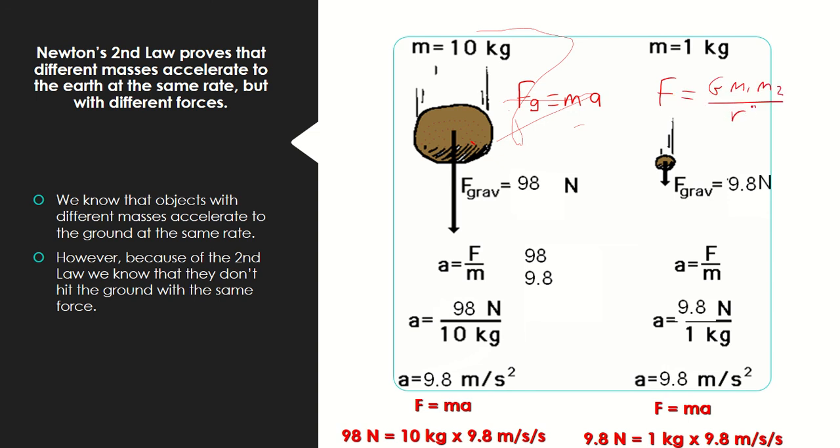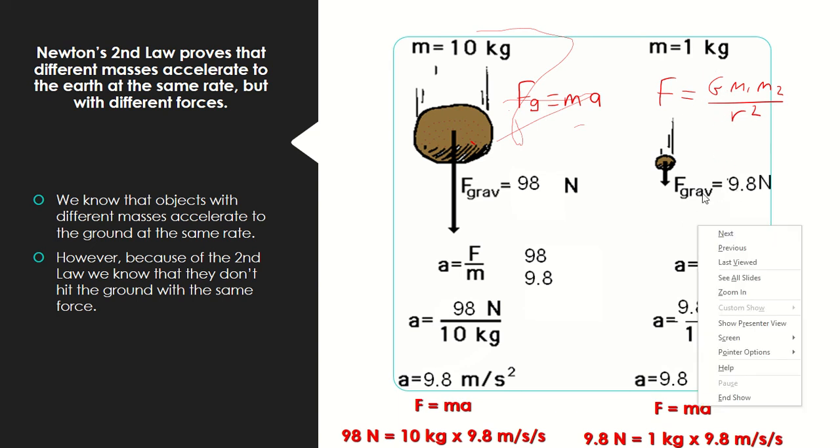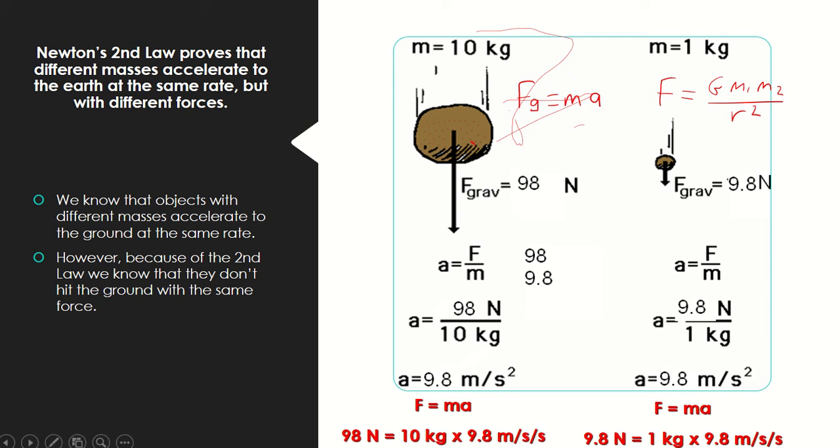Basically the force due to gravity between two objects is the product of the masses divided by the distance between them squared and some special constant, and this gives the same value. So two objects, even though they have different masses, have a different pull due to gravity, but because the larger mass has more inertia, they're going to accelerate at the same acceleration.